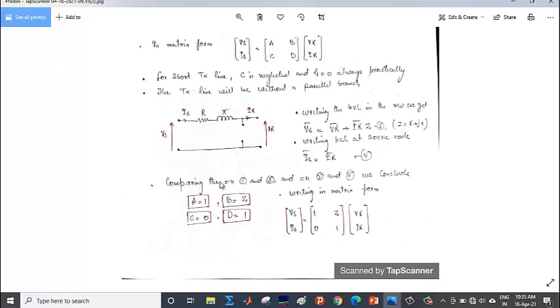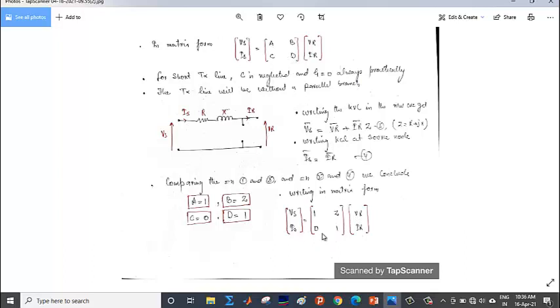So the ABCD parameters of the short transmission line can be put like this: A is equal to 1, B is equal to Z, C is equal to 0, and D is equal to 1. Writing in matrix form, [Vs, Is] is equal to [1, Z; 0, 1] times [Vr, Ir].